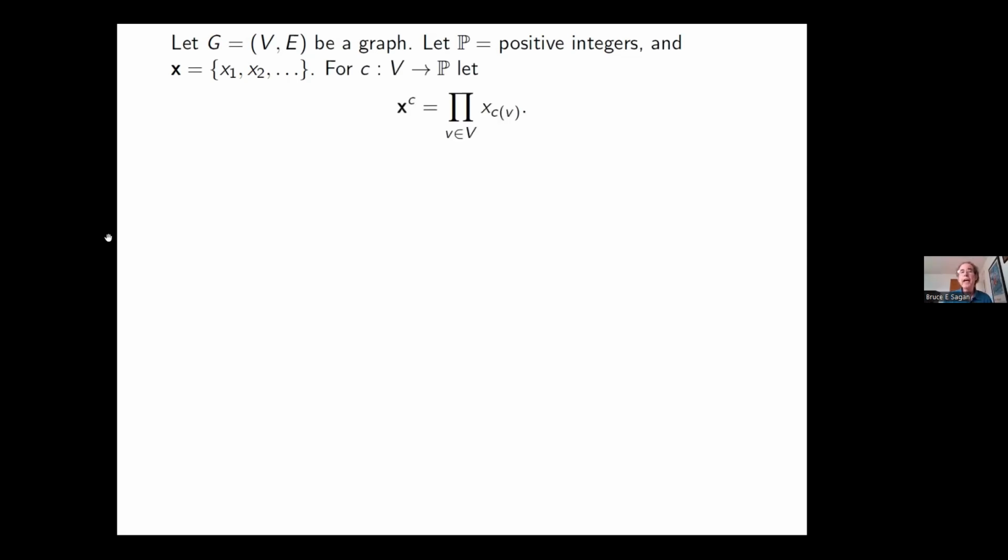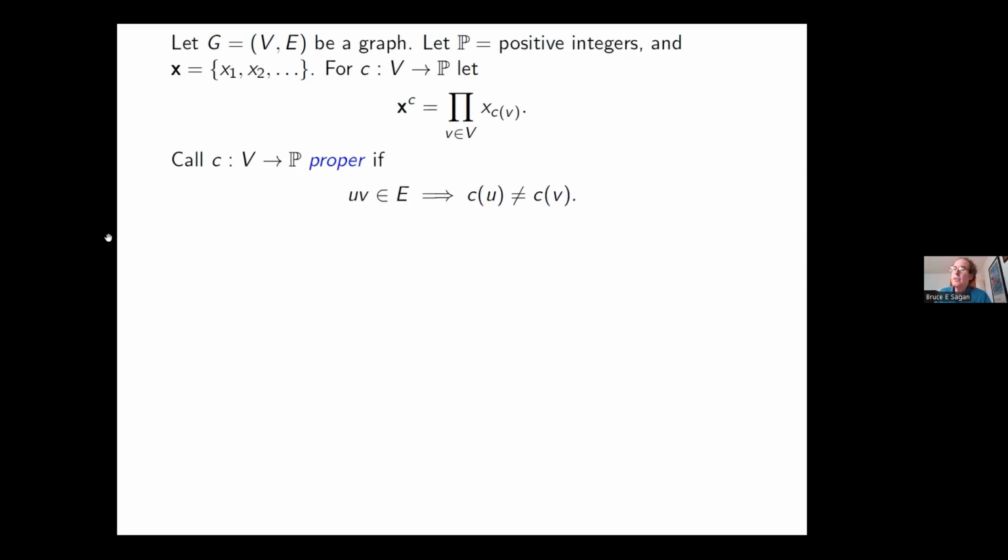And therefore, if we have any coloring, that is to say, a function from the vertex set to the positive integers, we can associate with that a monomial in the obvious way. Each time a color appears as an image, you use X of that color. So if the color i appears, you'll have an x_i in your product, and you keep track of multiplicities. So if color i appears 5 times in the function, then you're going to get x_i to the 5th.